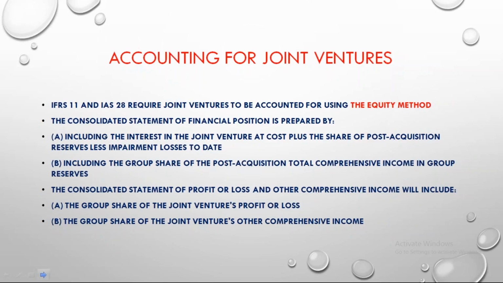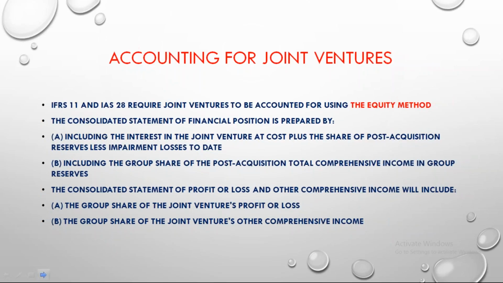For parent and subsidiary, we go by acquisition accounting: we add all the assets and liabilities of the parent and the subsidiary to prepare the consolidated statement of financial position. But in the equity method, for an associate company, we take the original cost of the investment, add our share of the associate's profit, deduct any dividends we have received, and finally that balance is reflected as an investment in the associate in the balance sheet.